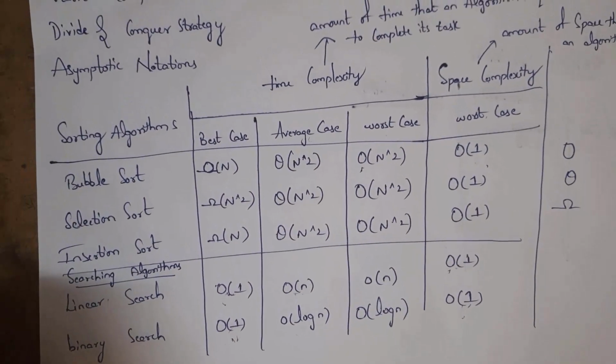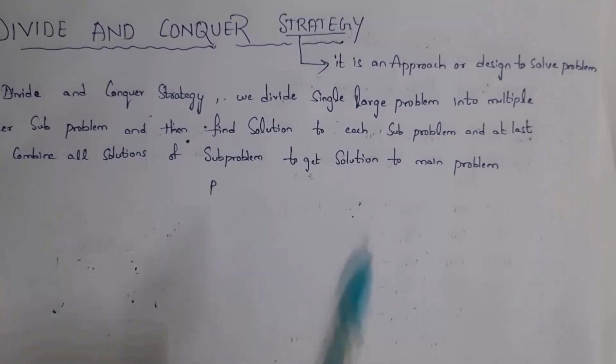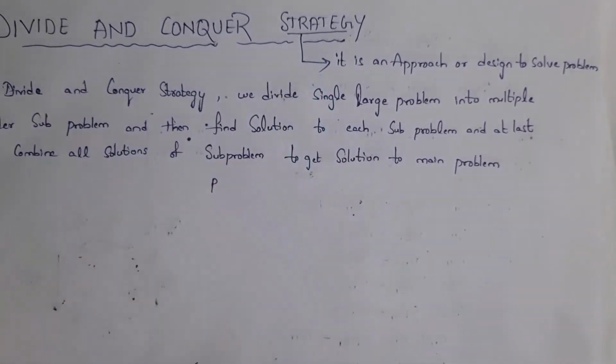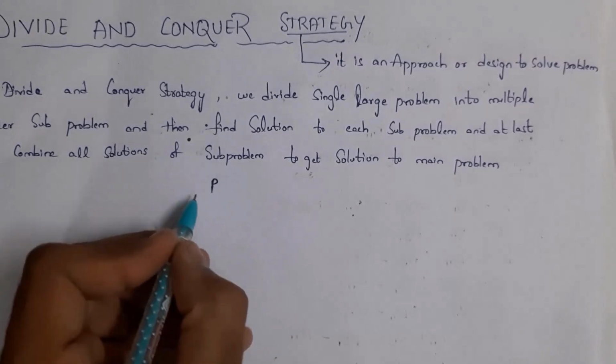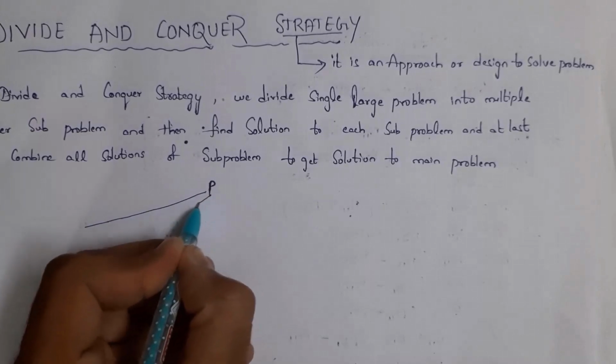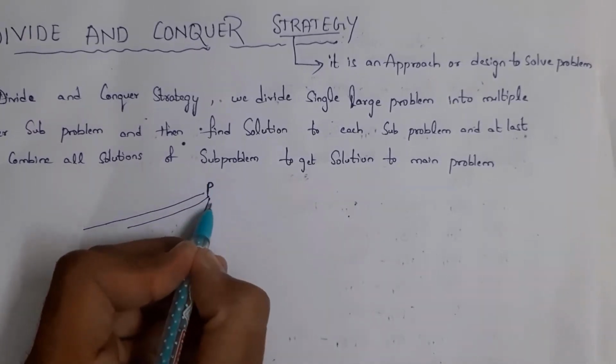Next topic is divide and conquer strategy. What is the meaning of strategy? Strategy is an approach or design to solve a particular problem. For example, if there is a problem, in divide and conquer strategy, we will break down this problem into multiple sub problems. For example, this is a large problem.